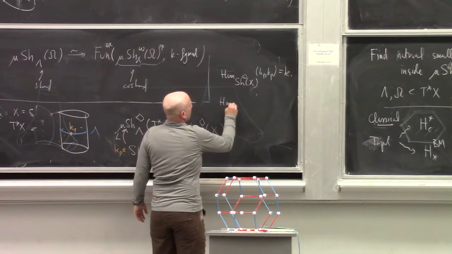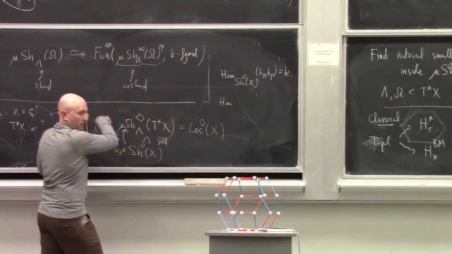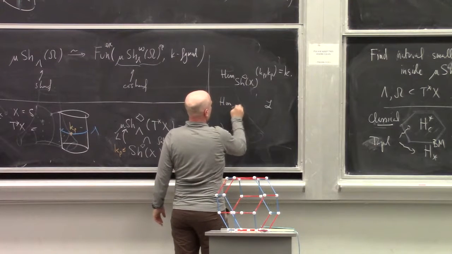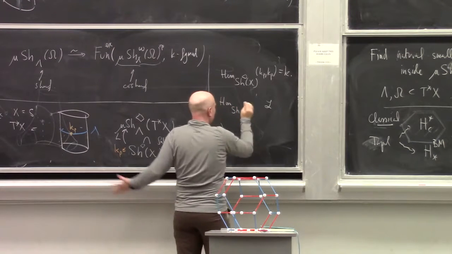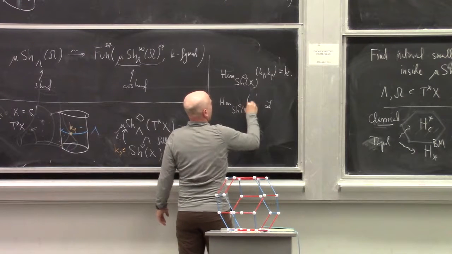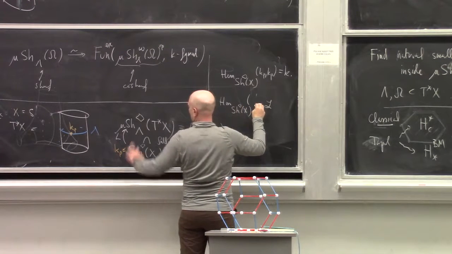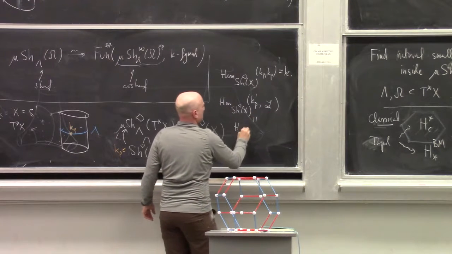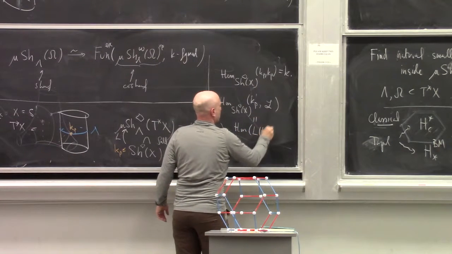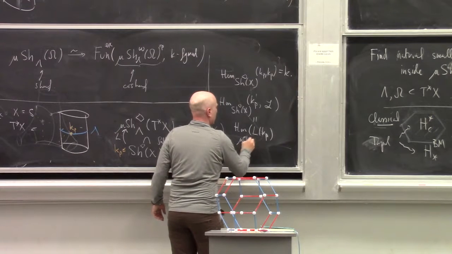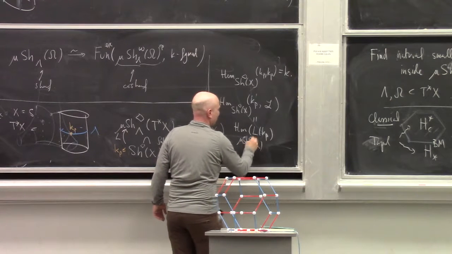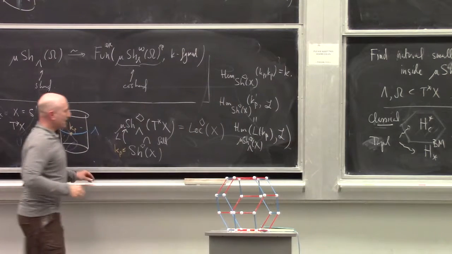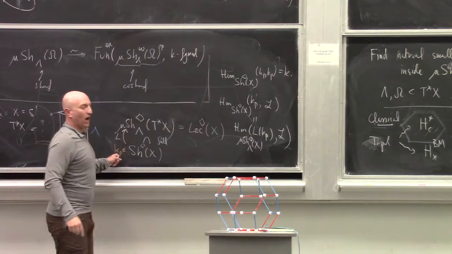If I give you a local system L, I'm going to write down the diagram for an adjunction: Hom from K sub P to L equals Hom from this wrapped guy, L applied to K sub P, to L. That's the sense in which I consider this guy to be an object of this category.